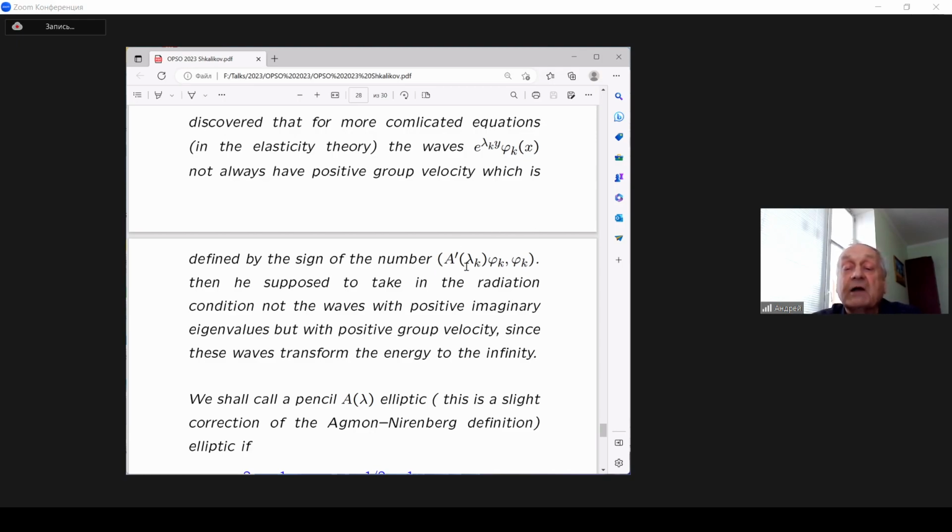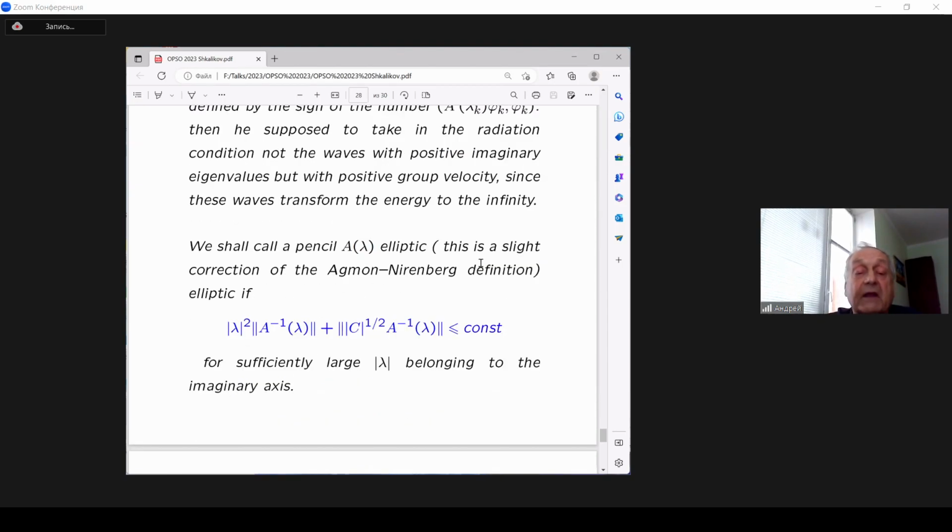Mandelstam proposed that we consider evanescent waves with positive group velocity, and positive group velocity is defined by positivity of this number, where phi_k is the eigenvector corresponding to the eigenvalue lambda_k.